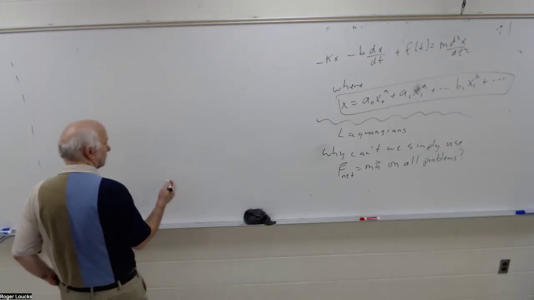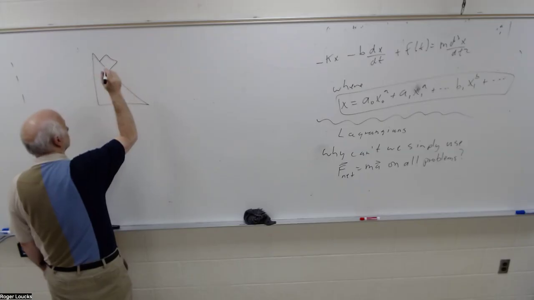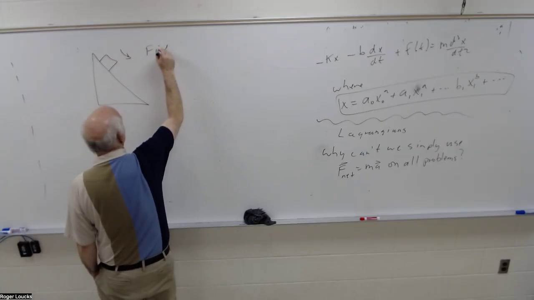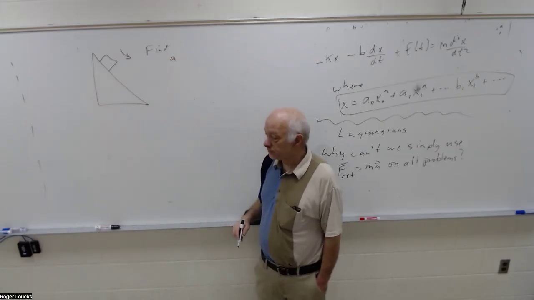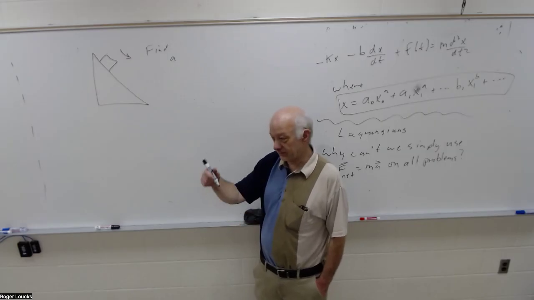Okay, so what are we going to have? Let's try a problem here. If I give you this problem, let's say it's moving like this, and I say find it. What would you do? Free body diagram. Yes.